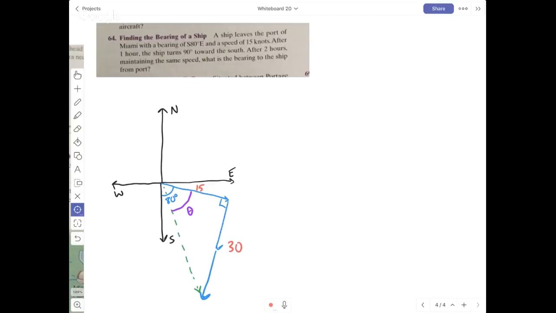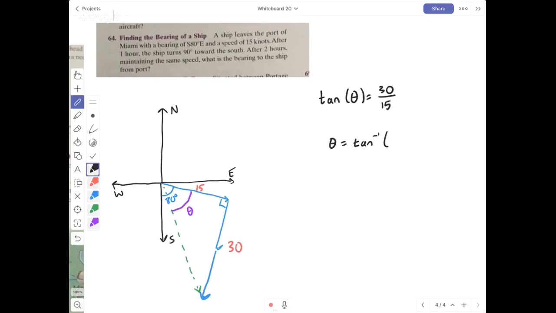I'm going to write down that the tangent of theta must equal the opposite side 30 over the adjacent side 15, which means that theta will be equal to the arctangent of 30 fifteenths, which is obviously the same as the arctangent of 2, because what makes tangent a feature of the angle theta is the fact that those side ratios will remain constant for any angle theta, regardless of whether it's 30 to 15 or 2 to 1 or 4 to 2 or 1,000 to 500.